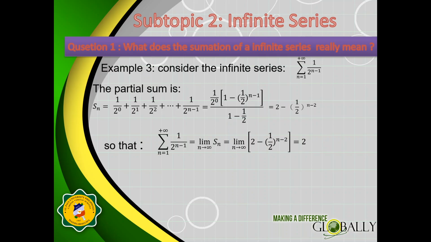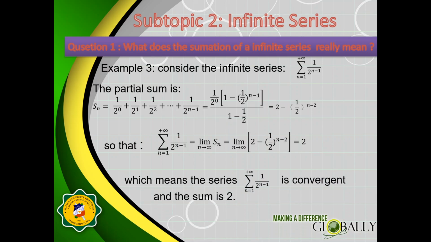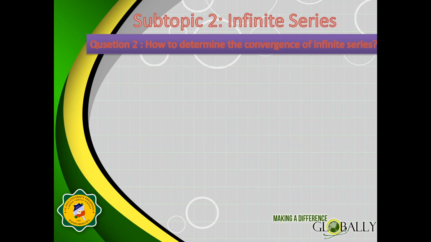So the partial sum is 2 minus something like this. Then we can calculate the limit. The limit is 2. So we say the infinite series here is convergent, and the sum is 2.